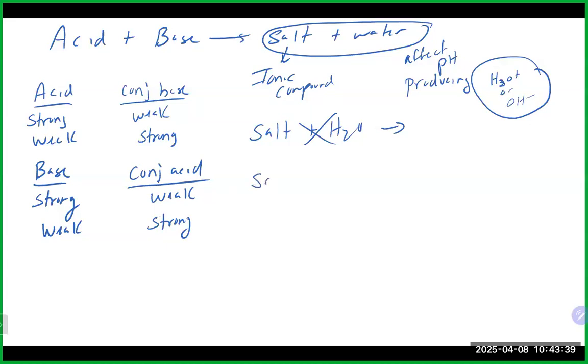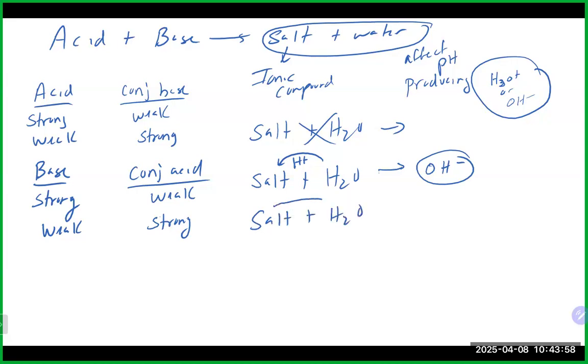You can have a salt that can react with water. In one case, the salt may accept the H plus. The result of that is you will produce hydroxide and that solution will be basic. You could also have a salt that will actually donate an H plus and act as an acid.